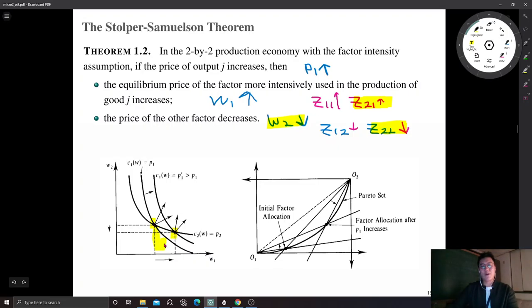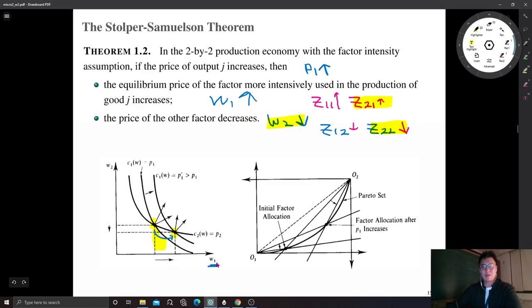Okay? So there will be a transition of the intersection. Okay? So as a result, the price of factor 1 increases and the price of factor 2 decreases. Okay, because now the level curve of firm 1 will shift up. Okay, so the new intersection will be right here.